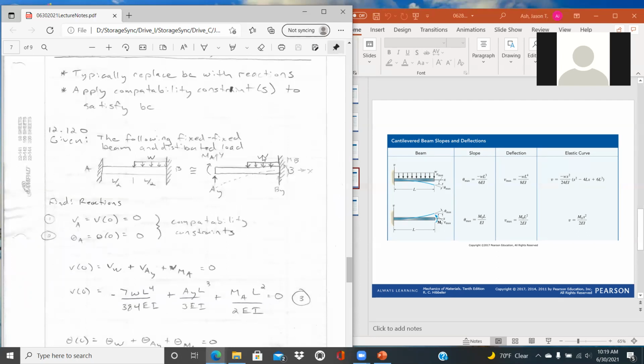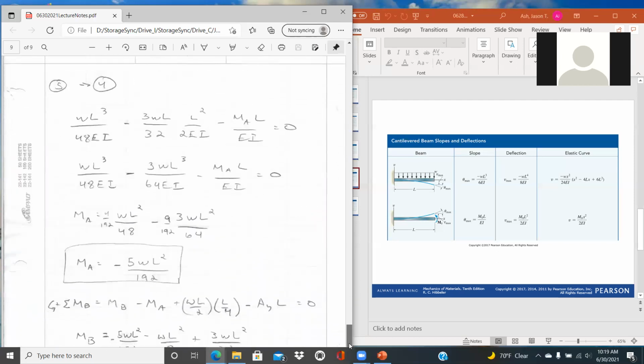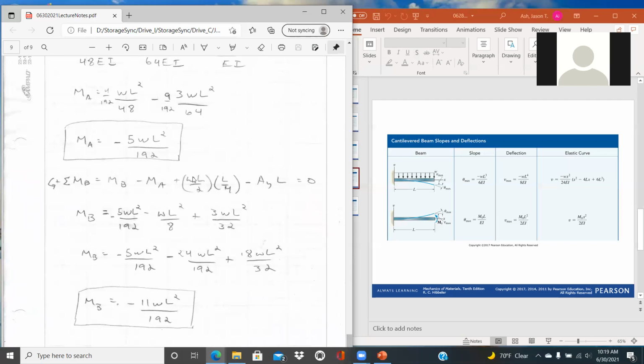And then the distance that it would act from B would be L over 4 in the center. And so we end up with the WL over 2 representing the concentrated force, and the L over 4 representing the moment arm associated with that.